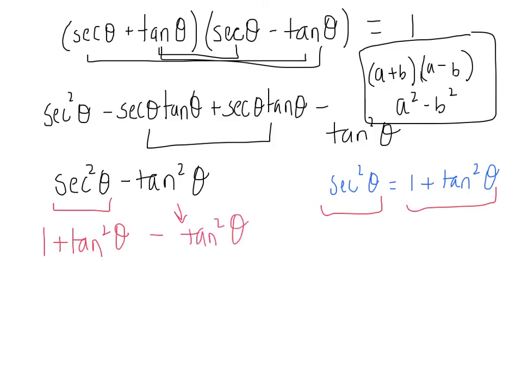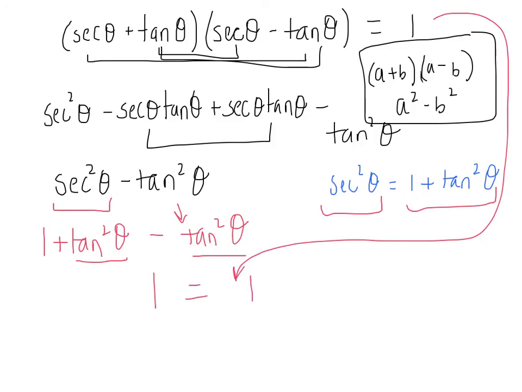I'm getting closer because tangent squared theta minus tangent squared theta is 0. So I'm left with 1. And if I bring this 1 down, that's what I wanted it to look like. I wanted it to look like the other side, and I have 1 equals 1.